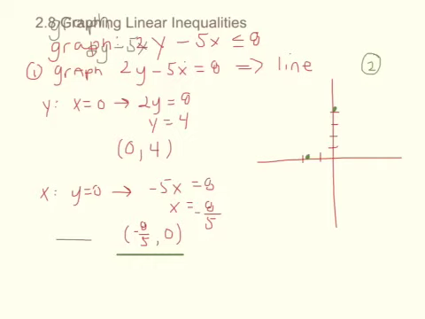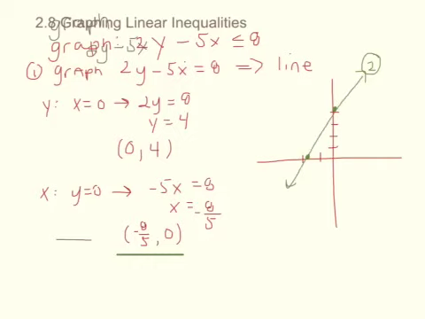Just like in a normal inequality on a number line, we would put an open circle when the number is not included and a closed circle when the number is included. So we use a solid line when there's an equal to sign, and if there was just an inequality that is not equal, so if it was just a greater than sign, we would draw a dotted line.